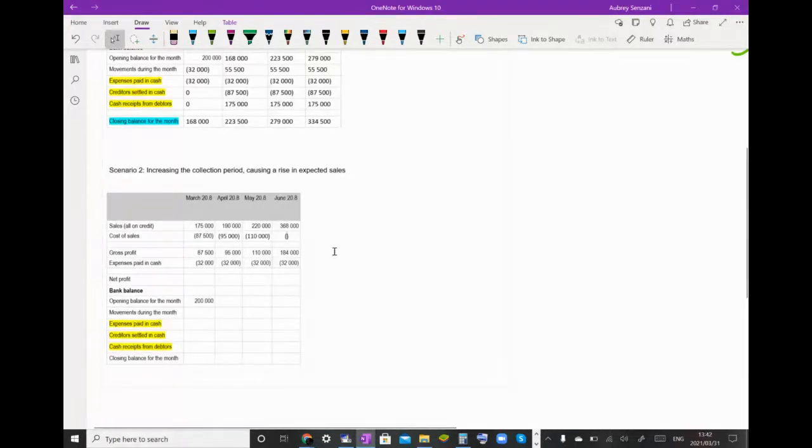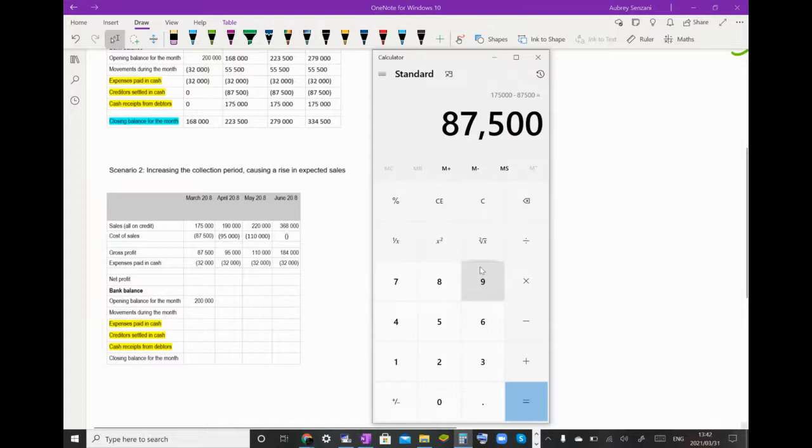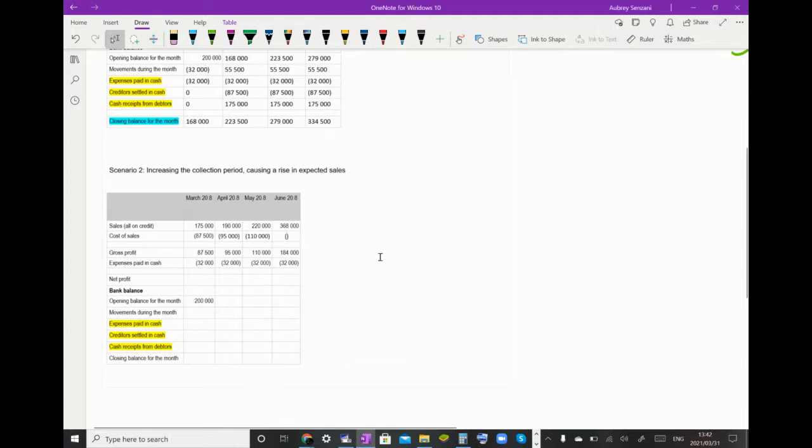Then here 368,000 minus 184. I don't think I'll be able to do that one mentally, but judging from their habit, I'm sure that's going to be 184,000 as well. So there we have our cost of sales.